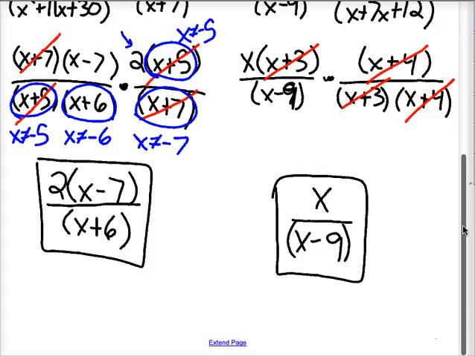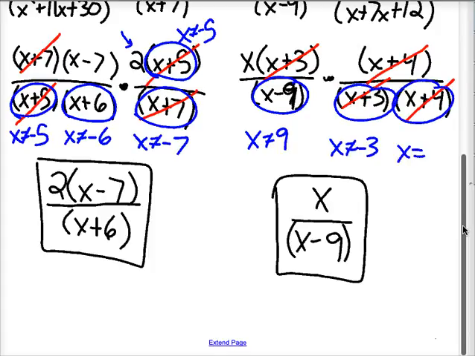So for my restrictions, this piece right here is going to tell me x can't be 9. This piece right here tells me x can't be negative 3. That piece right there tells me x can't be negative 4. Then again, when you're doing division problems, you have to check anything you divided by at any point.